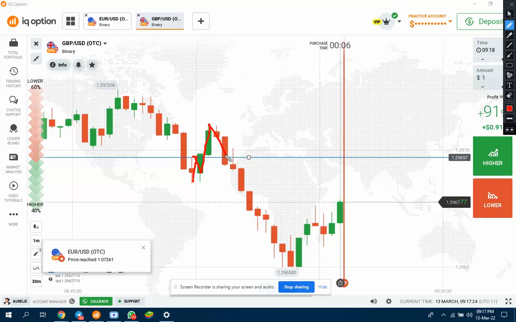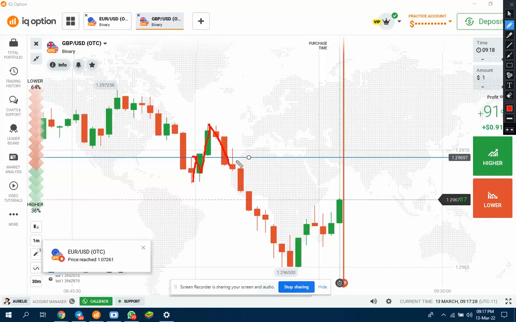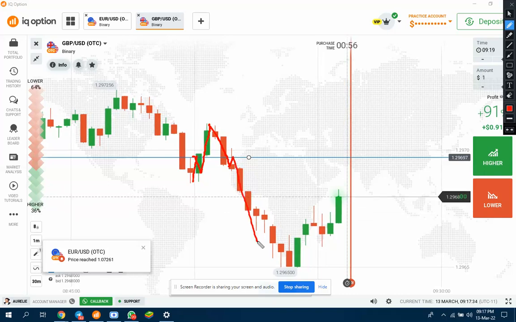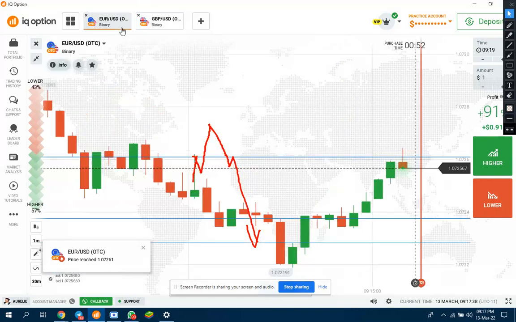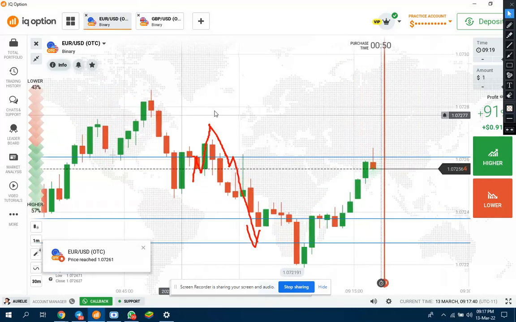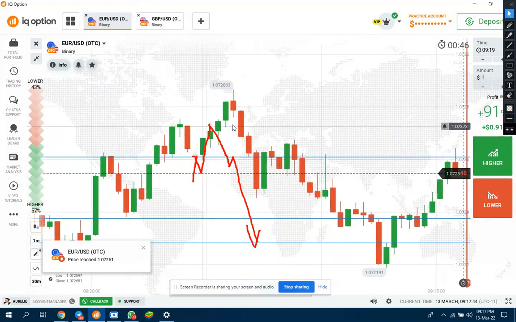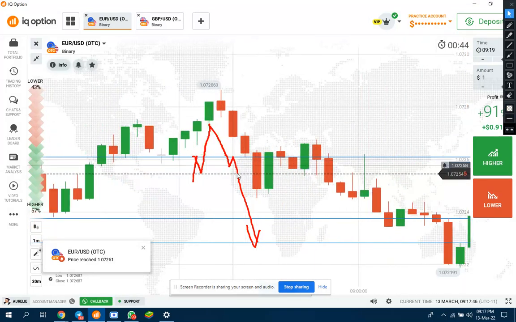This is where the buyers should enter the market, but no sign of buyers. The sellers close below. So immediately the sellers closed below this level, they got rejection from this line. That is why the sellers keep pushing the price down. Same thing that happened on Euro USD.